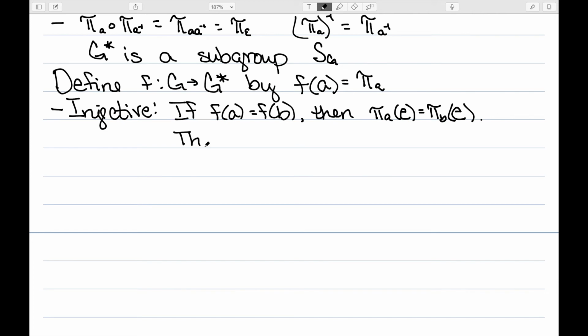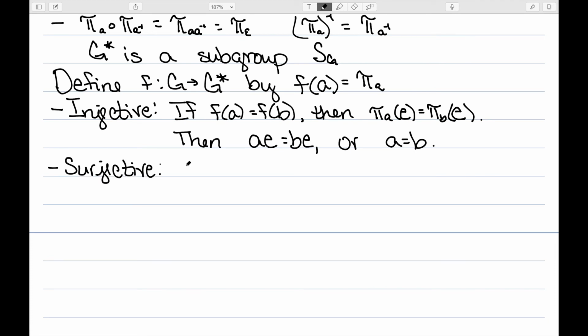Well, this would mean a times the identity is equal to b times the identity, or a is equal to b. So we have shown that it is injective. Let's show surjective. So let's let pi of a belong to G star. Then we have f of a is equal to pi of a. So it's very easy to see surjective.